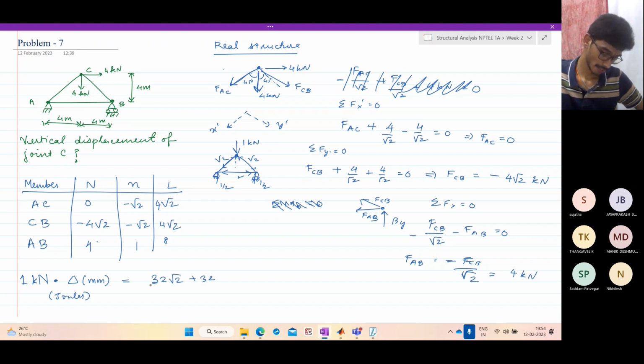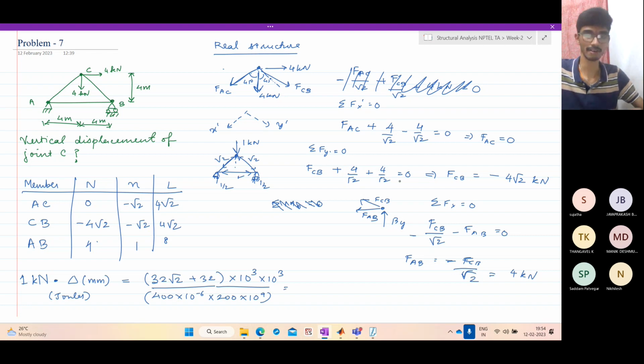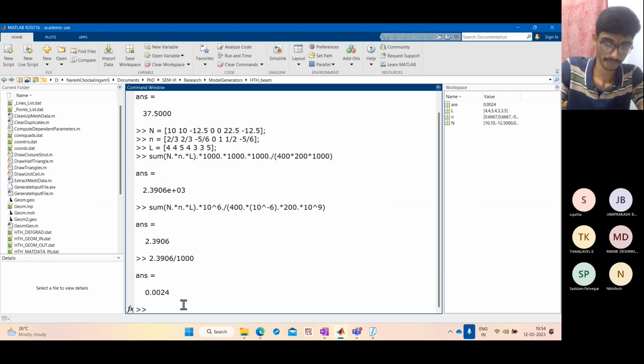So by AE, what is AE? Same, 400. So this is into 10 power 3 into 10 power 3 into 10 power minus 6 into 200 into 10 power 9. So what is the value? MATLAB. 1 plus root 2 star 32.